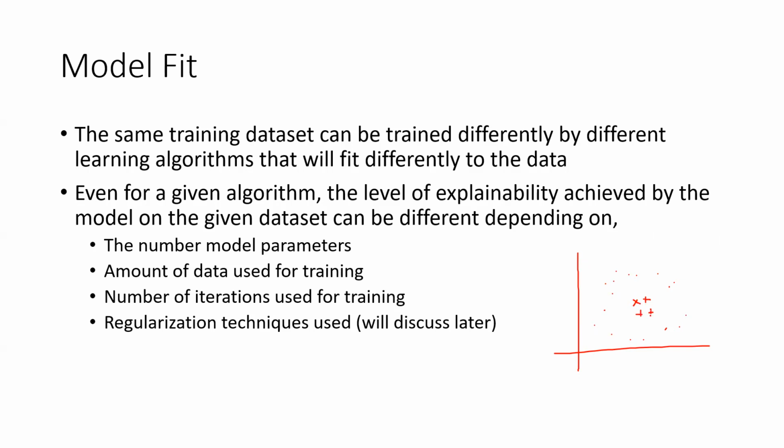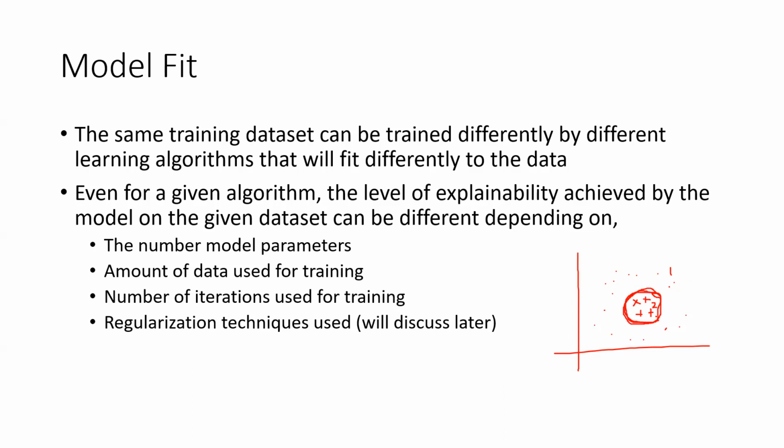We said that we can use a circular decision boundary to classify these two classes. This is class one and this is class two. So you can use this circular decision boundary to classify.